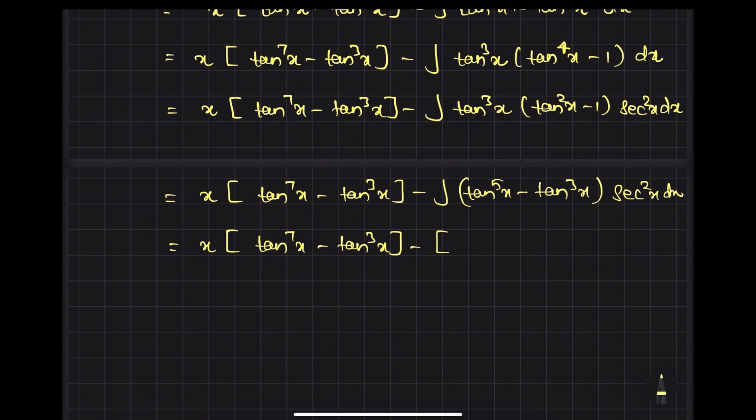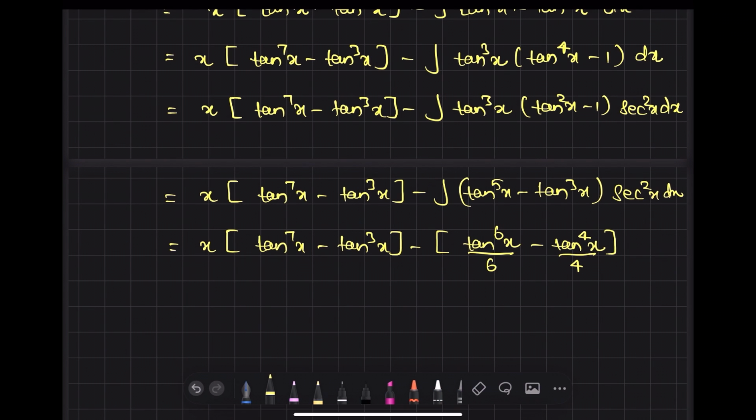The integration of z power 5 is what? z power 6 by 6. So can I write tan power 6x by 6? I don't want to take z and then manipulate. Rather, I want to go with this situation. Then tan power 4x by 4. Okay. So this thing plus the integration constant we got.